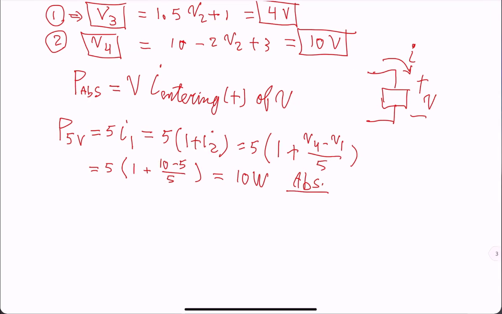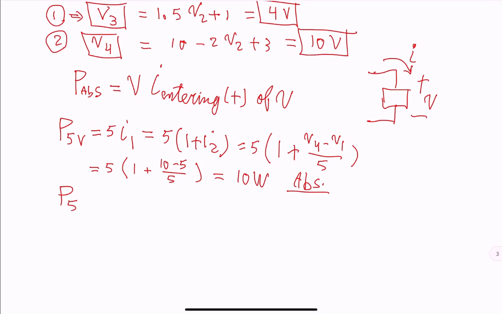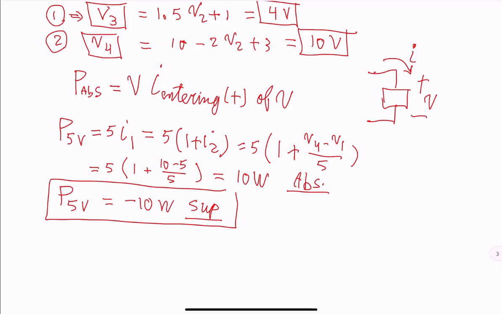So P 5 volts is negative 10 watts supplied. So as you see, that source is not really supplying power, it's in fact absorbing power. So the source is being charged.